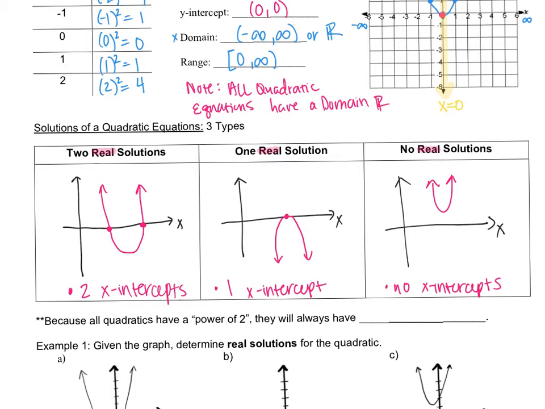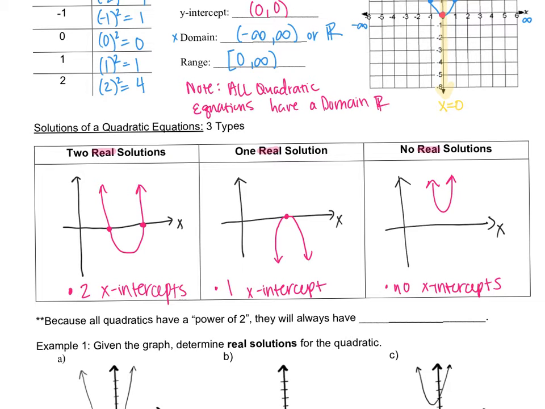There are going to be times where you don't see the x-intercepts, but they're actually there. In fact, with this one, even though you don't see where it crosses the x-axis, it turns out there are two solutions. You just can't see them. And we'll explain why later. That's the case with quadratics. There's something called imaginary numbers, which we will get into, but we need to build the skills to get there.